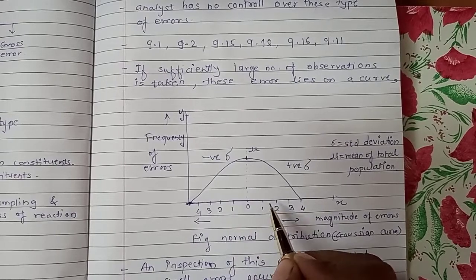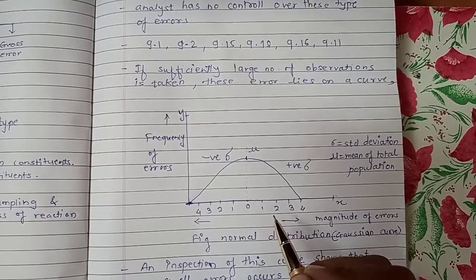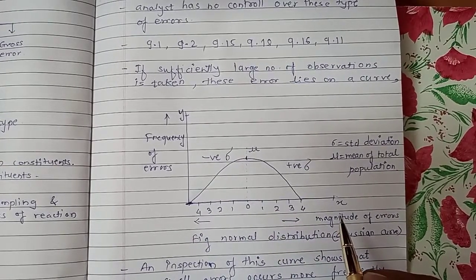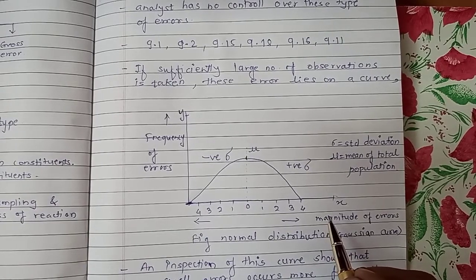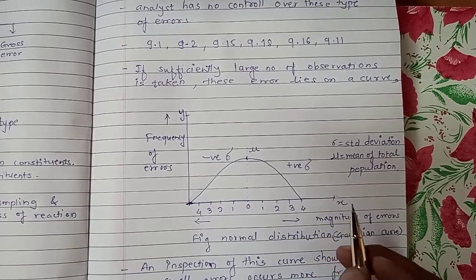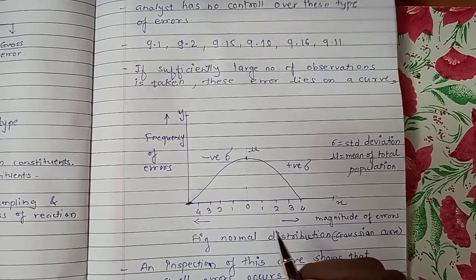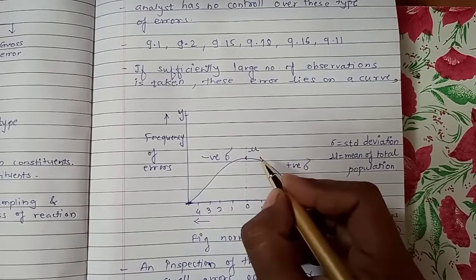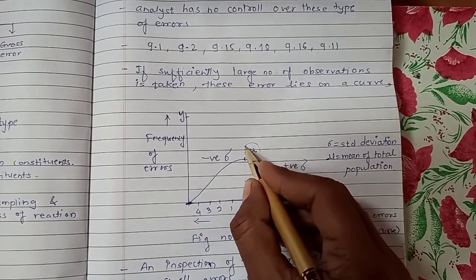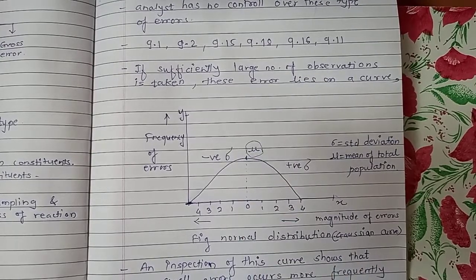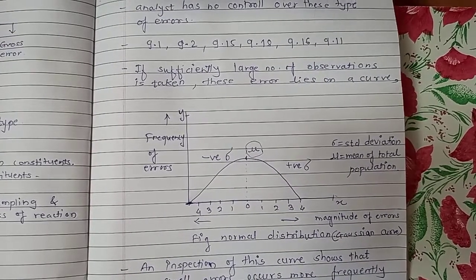Here, suppose around 50 readings were taken by an observer and he has taken the mean of these 50 readings, and the mean is given by the value mu. Mean means the addition of the total number of readings.